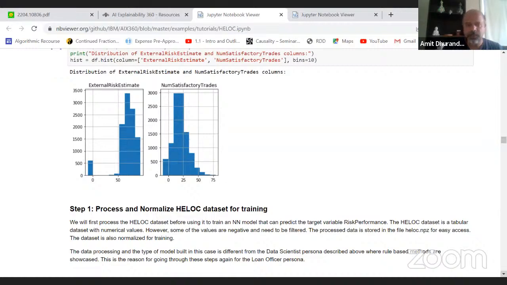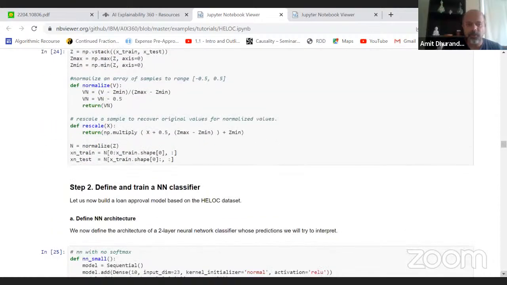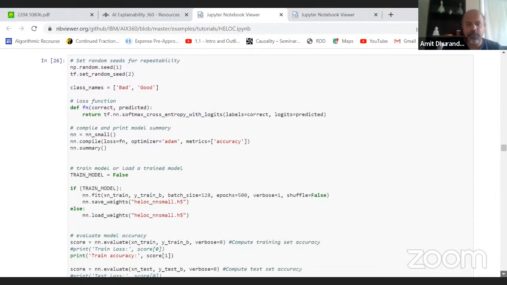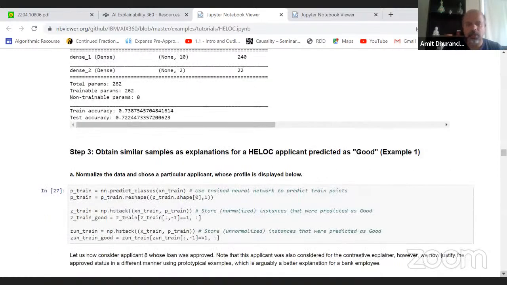This is just for getting a feel for the data. And once you have processed and normalized, you train. Since this is not a directly interpretable method, you train some neural network classifier. And once trained, the classifier in this case has a higher accuracy than the BRCG: 72%, so a little higher.